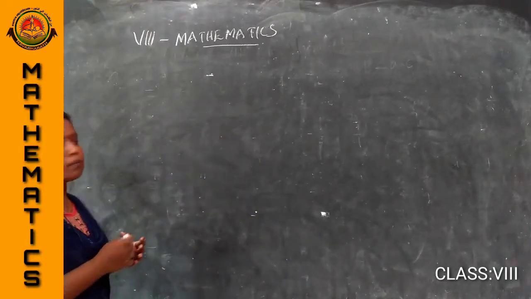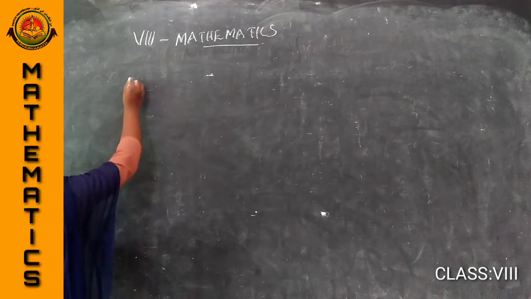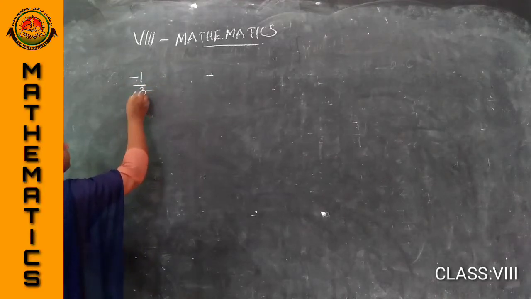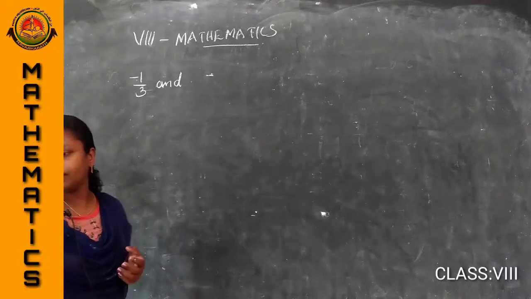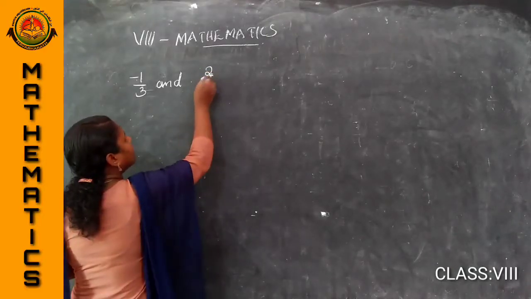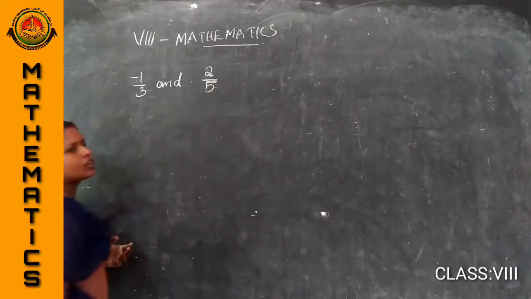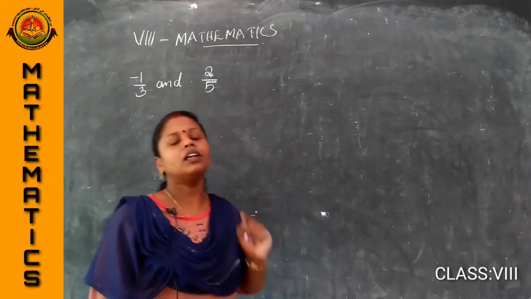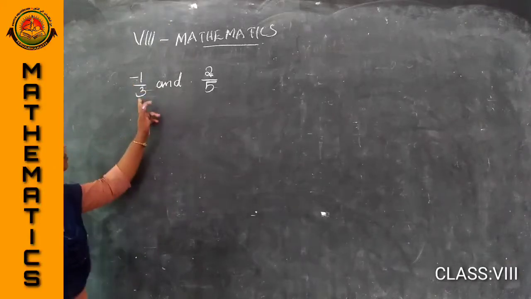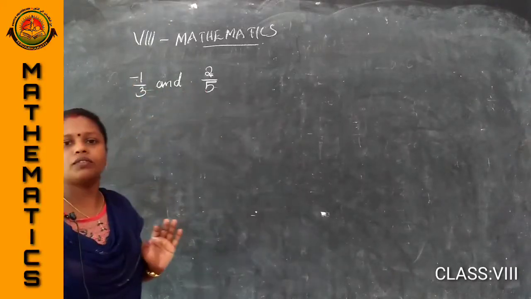Find a rational number between negative 1 by 3 and 2 by 5. We need to find only one rational number between negative 1 by 3 and 2 by 5.